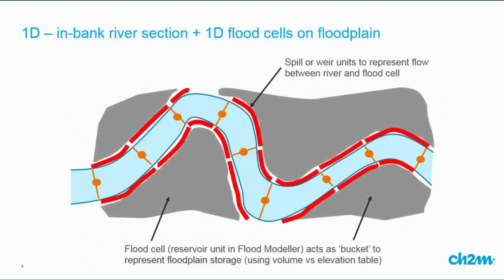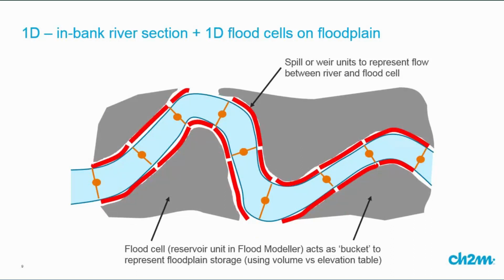Another essentially 1D approach for modelling the floodplain is to not extend the cross-sections, but to treat the different areas on the floodplain, these four grey areas on the screen at the moment, using what are called flood cells, or in Flood Modeler they're called reservoir units, and they're representing that bucket storage. So water will flow into those grey areas and gradually fill up, and then may reach the same level as the in-bank river level, or may not.